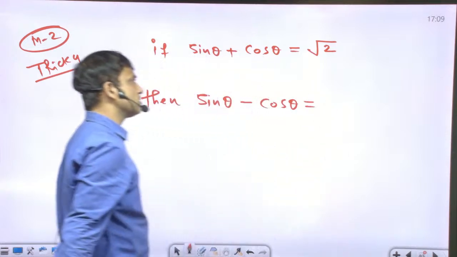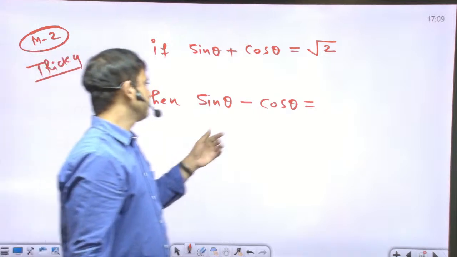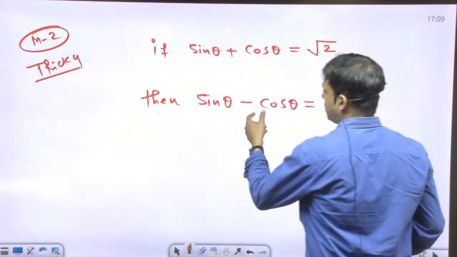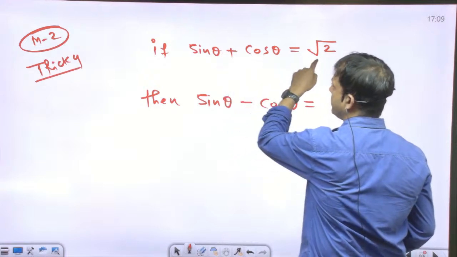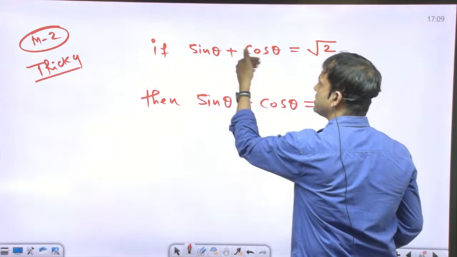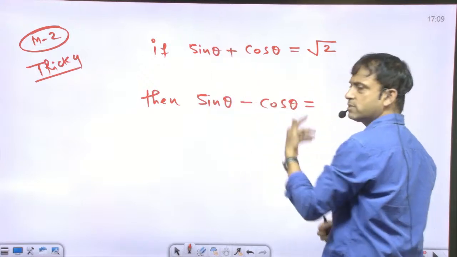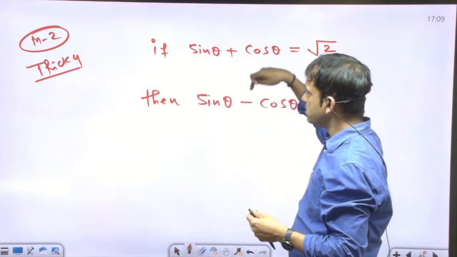Sin theta minus cos theta. So in this type of question, that is, if sin plus cos is given, sin minus cos is asked, or if sin minus cos is given, sin plus cos is asked. If plus, then minus. If minus, then plus.